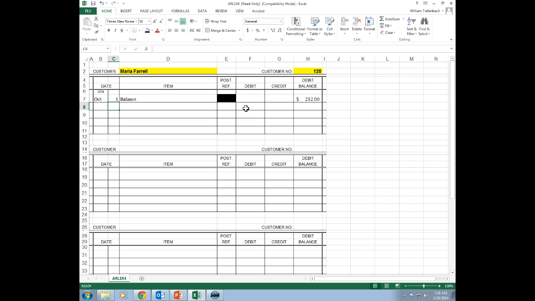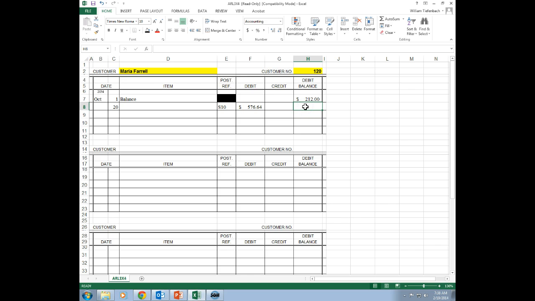This is on the 20th. It's coming from Sales Journal page 10. The amount is $576.64. Let's go ahead and format all of these cells to the accounting format.